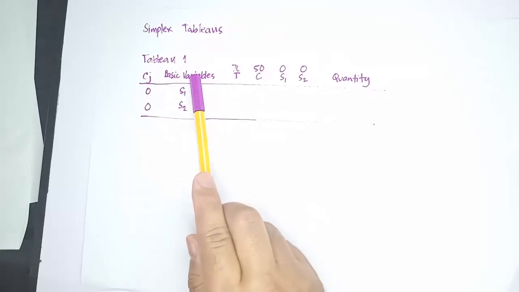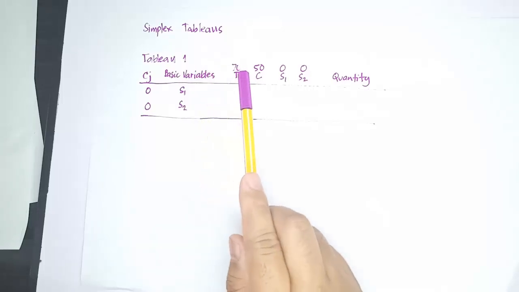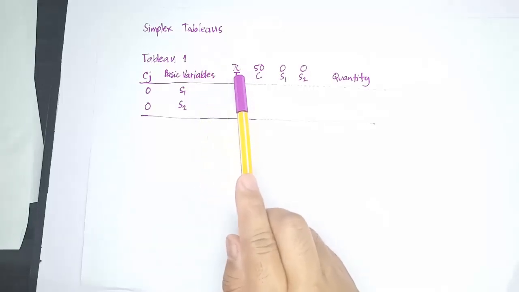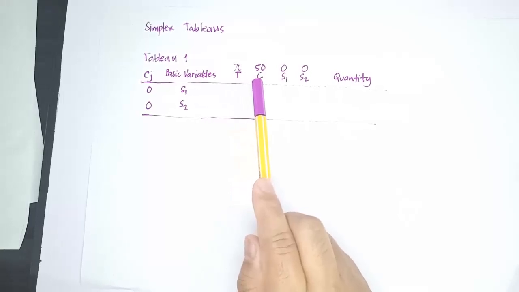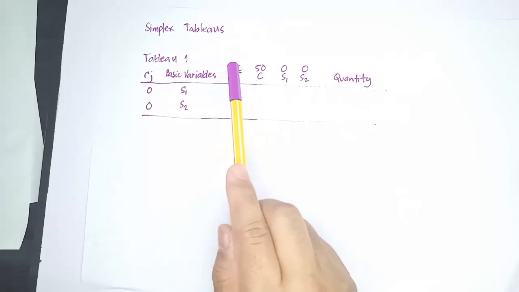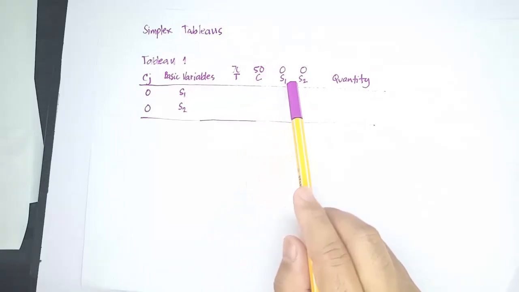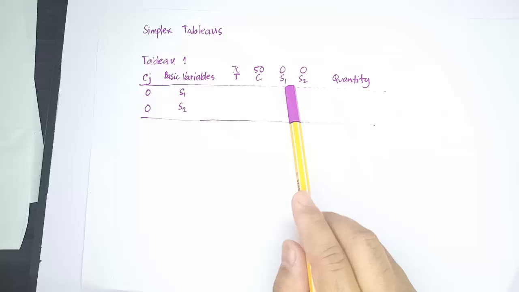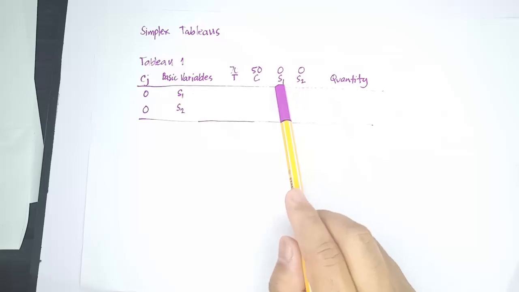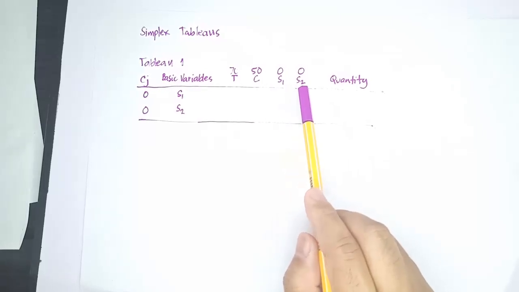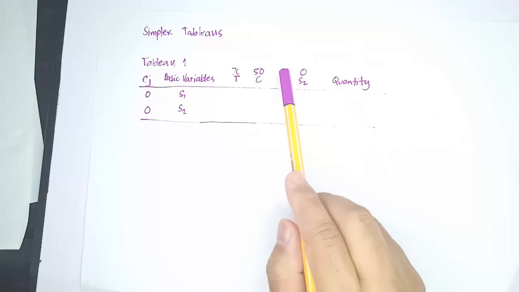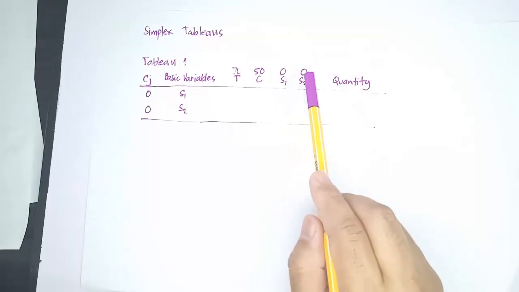We have the basic variables column, the column for the decision variables. In this case, we have T and C, and their corresponding coefficients are 70 and 50. And then we have the columns for the slack variables, particularly S1 and S2, and their corresponding coefficients in the objective function are zeros.